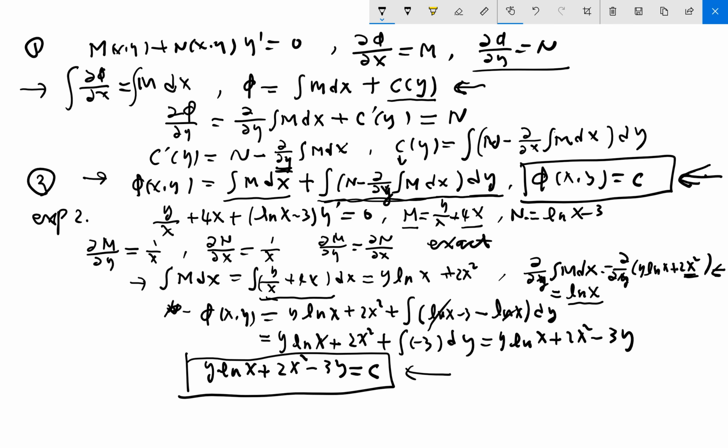Then find the partial of M with respect to y and the partial of N with respect to x. See if they are equal. If they are equal, then this equation is exact. For the exact equation, to solve that, you need to find the phi, equation 3. Find the phi by integrating two integrals. Once you find the phi, you have to set it equal to a constant. Then you get an implicit function, which is your solution.